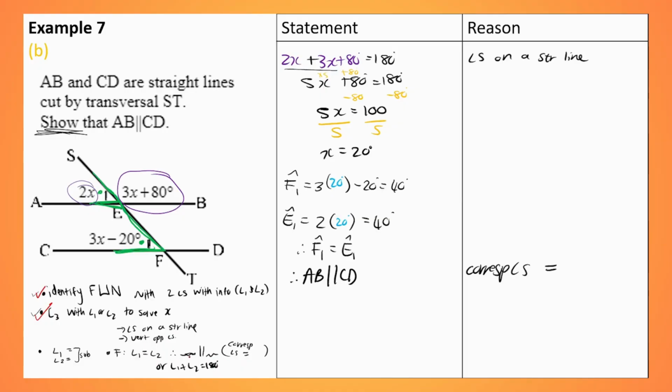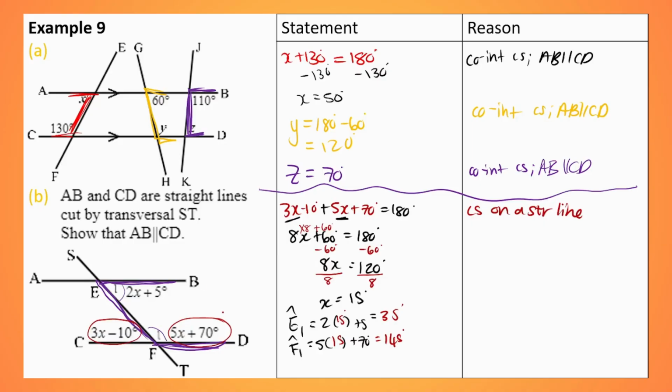Now instead of proving them equal, we show that when we add them, we get 180. And then we can say they're parallel because co-interior angles are supplementary. So we see E1 plus F1 is going to be 35 plus 145. Oops, forgot the 1.